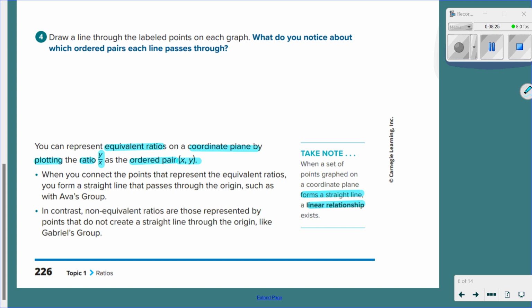Ratios, by definition, will be linear relationships because they are all equivalent. Okay? So when we connect the points that represent equivalent ratios, you will form a straight line that passes through the origin. Non-equivalent ratios do not create straight lines through the origin.